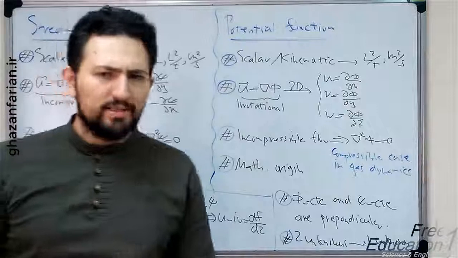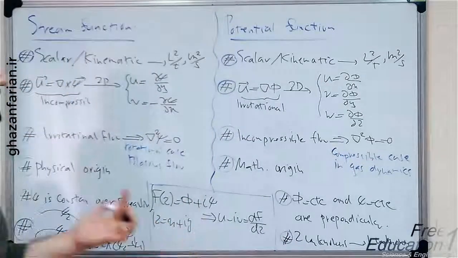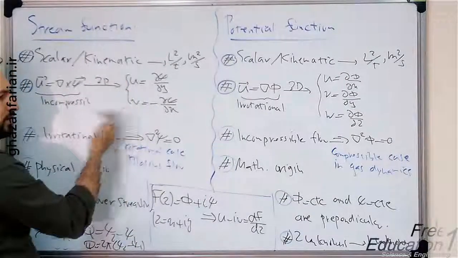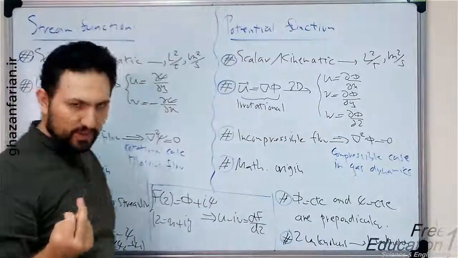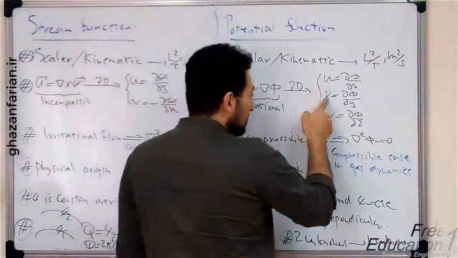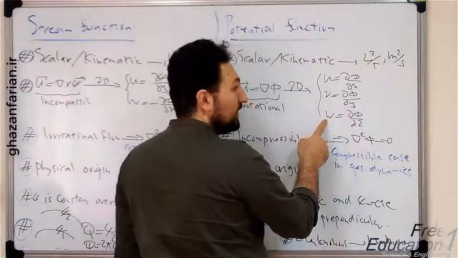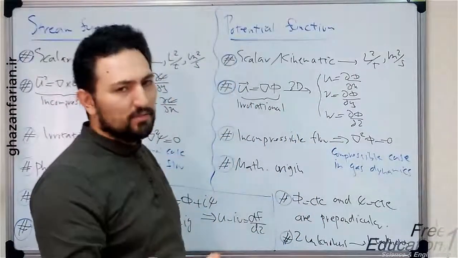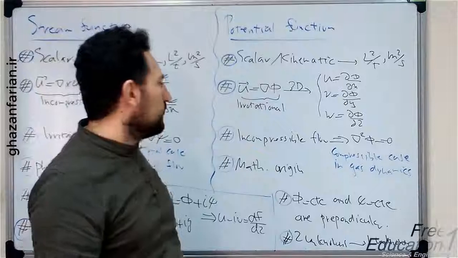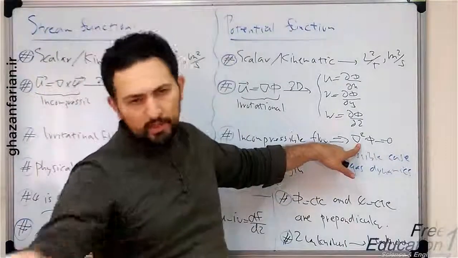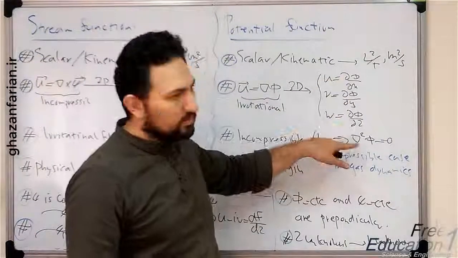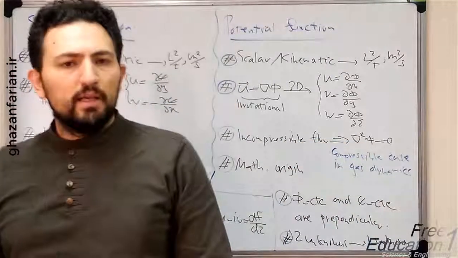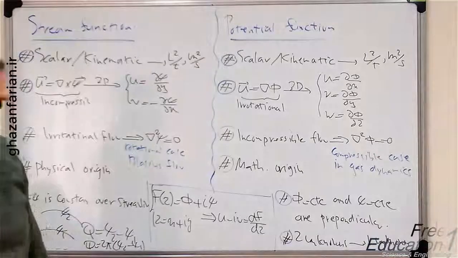After computing the stream function psi, you can easily perform the derivation procedure and compute the velocity vector. Here again, if the flow is three-dimensional, instead of computing three different velocity components, you can compute just one unknown, which is the potential function. And after computing the potential function, for example using the Laplace equation or any other equation, you can easily perform the derivation procedure and very simply compute the three components of the velocity vector.